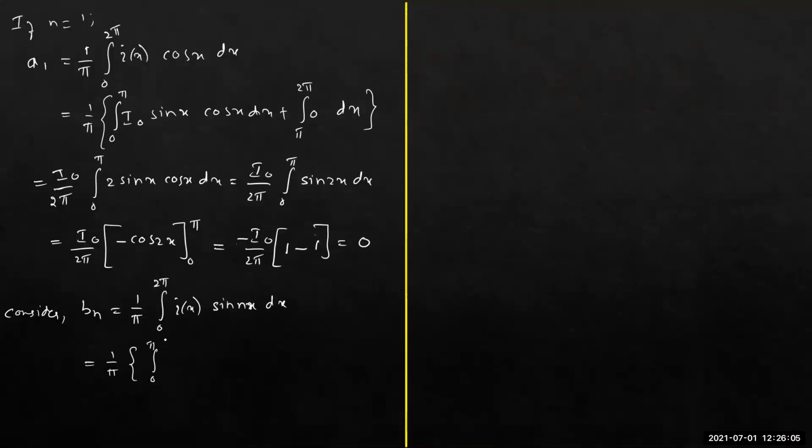Integration from 0 to pi, within this interval, I is I naught sine x into sine nx, plus in the other half, from pi to 2 pi, the integral is 0 dx. Anyway, 0 into sine nx.